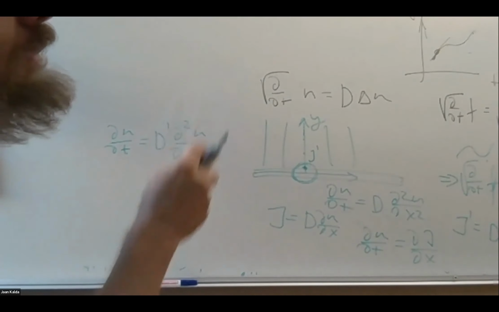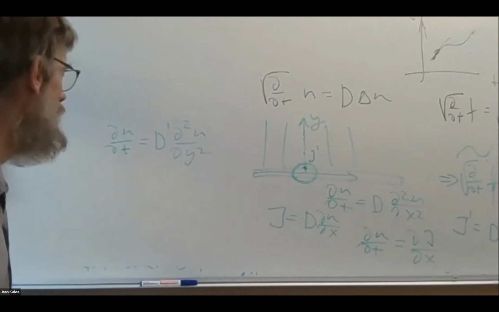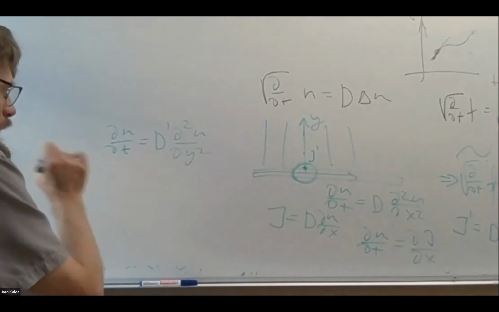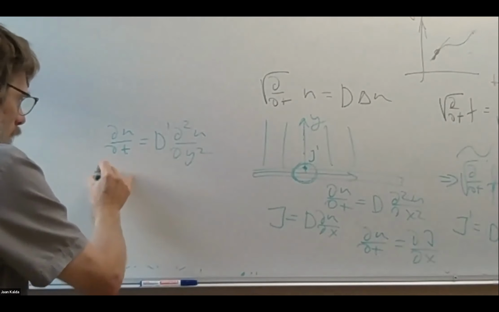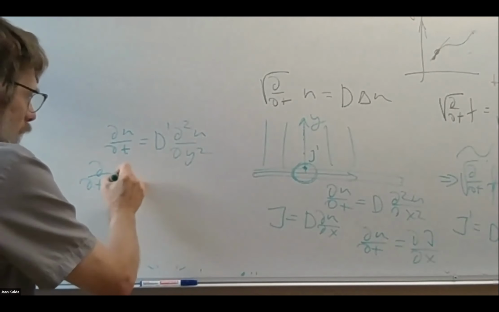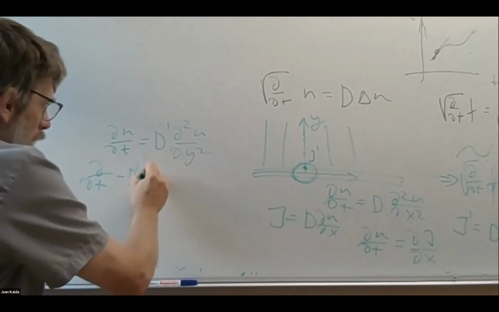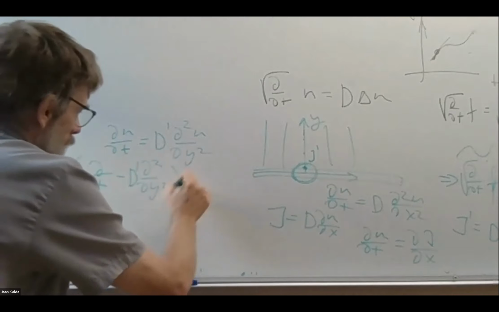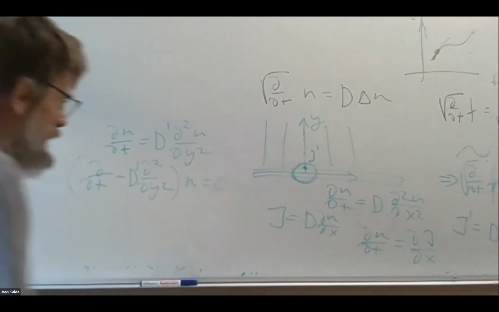Then we rewrite it in operator terms: d over dt minus D prime d square over dy square, applied to n, equals 0.